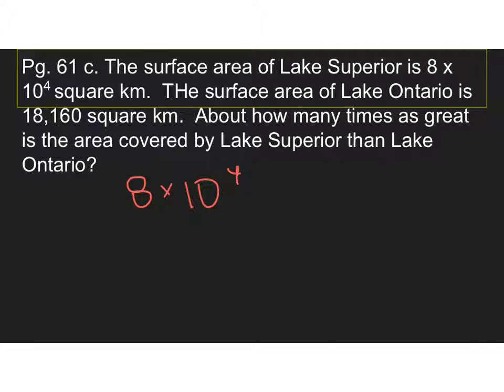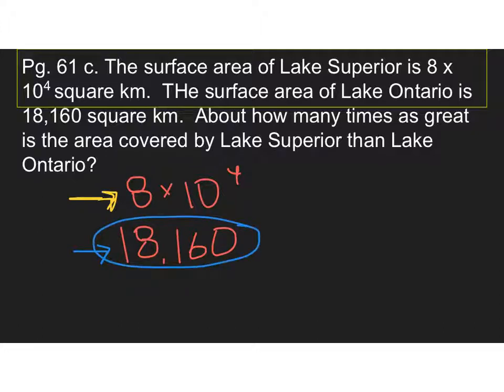So basically, to figure out how many times greater Lake Superior is than Lake Ontario, we're going to divide Lake Superior's surface area, which is 8 times 10 to the 4th power, by Lake Ontario's, which is 18,160 kilometers. Now, before we can divide in scientific notation, we actually have to put this number right here in scientific notation.